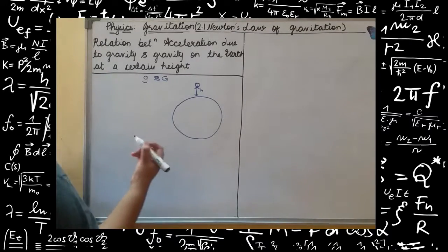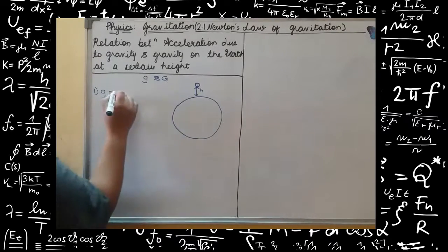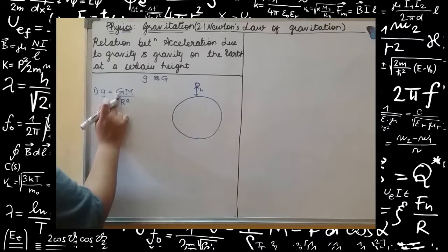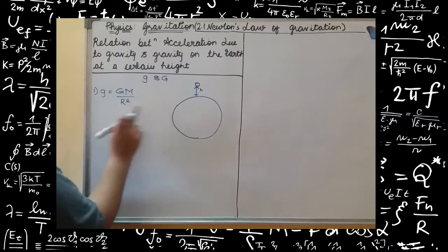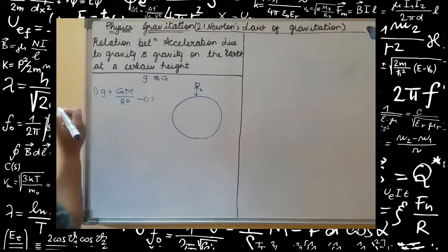We know the relation of acceleration due to gravity, we just derived it, which is g is equal to capital G M upon r square, where capital G is the gravitational constant, capital M is the mass of the earth, and r is the radius of the earth. Let this be equation number 1.